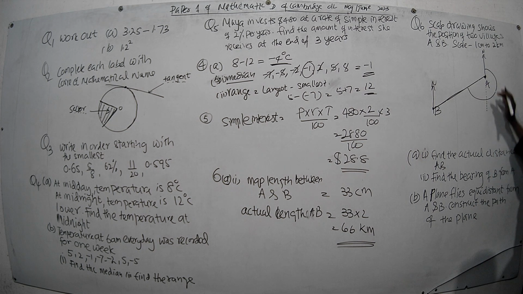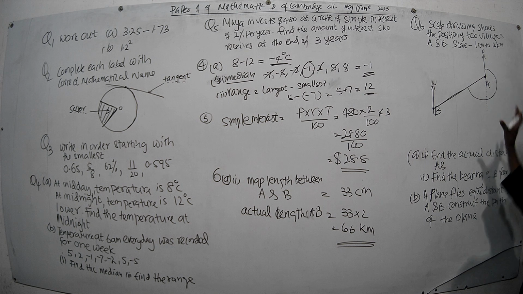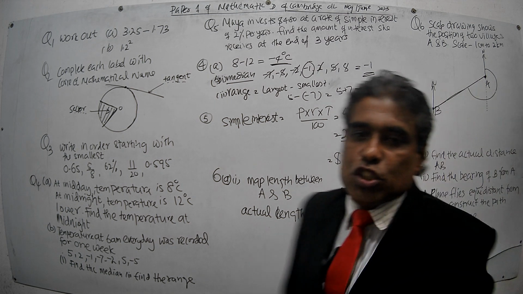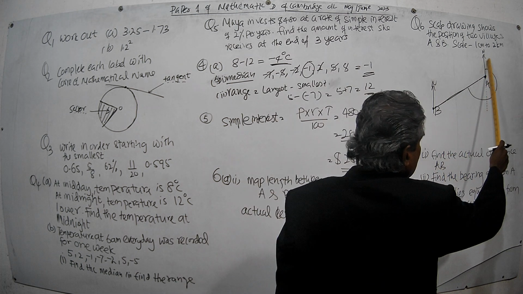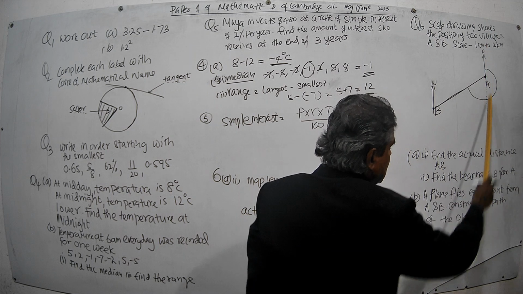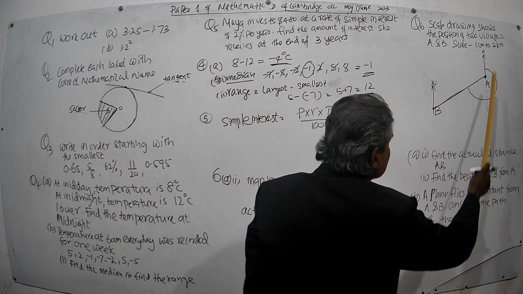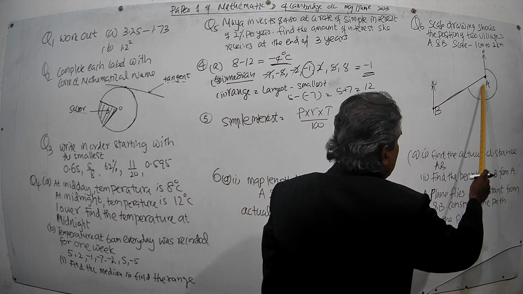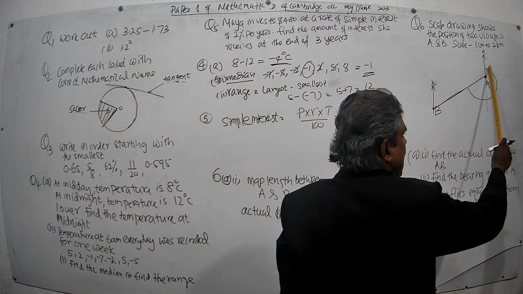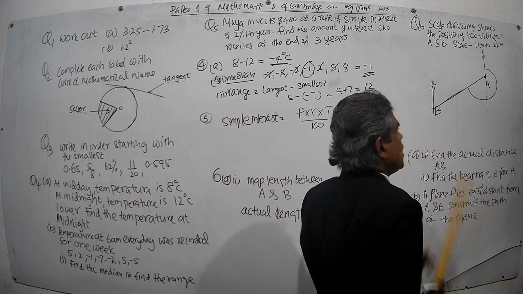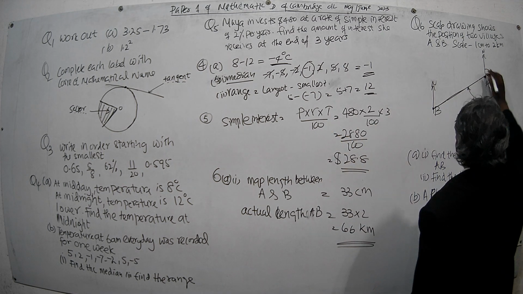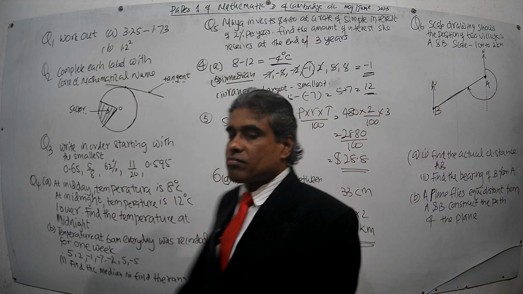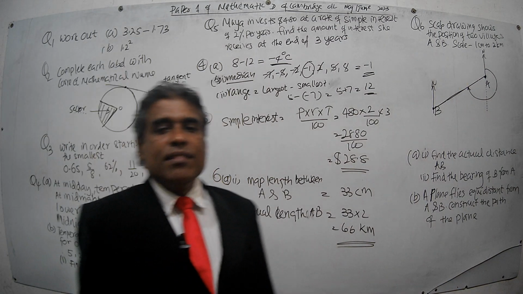Then you measure this remaining part and add it to that 180. That will form this whole angle, which is what we want. You can do it in that way.